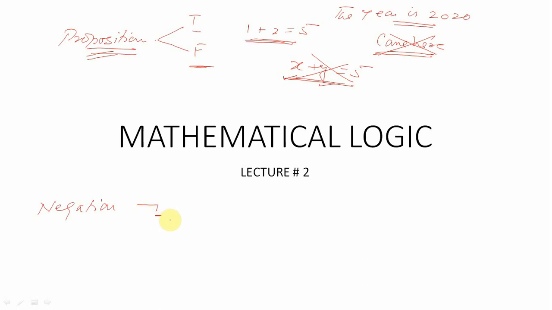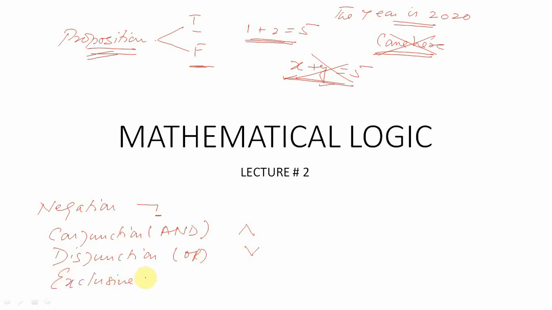So if we have a proposition whose truth value is true, the negated proposition will have a truth value of false and vice versa. Then we have the conjunction, which works like the AND operation, denoted by this symbol. We have the disjunction, which works like the OR operation and is denoted by this symbol. We also discussed the exclusive OR operation, which is denoted by this symbol.